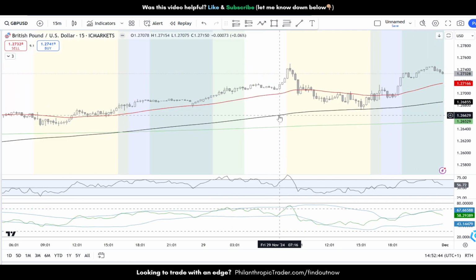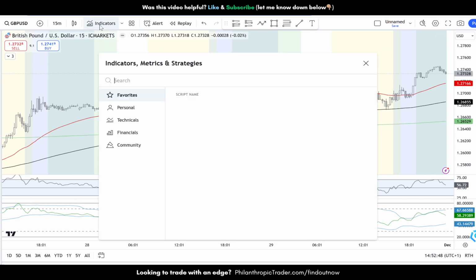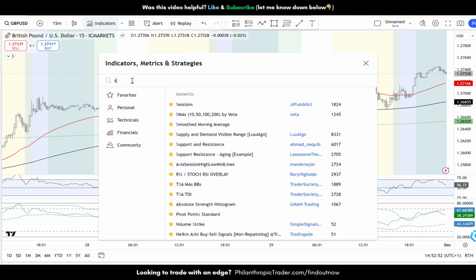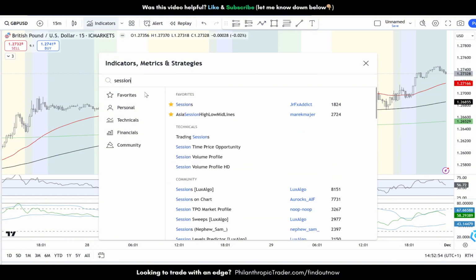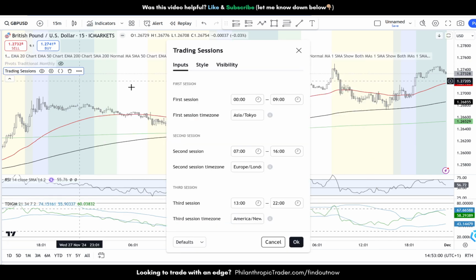All right, so you see a few colors. The first thing I did was I went to the indicator section and I looked for trading sessions. Over here I clicked on that. So that's this over here. Make sure to just adjust the right times.